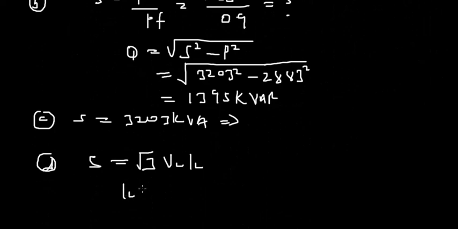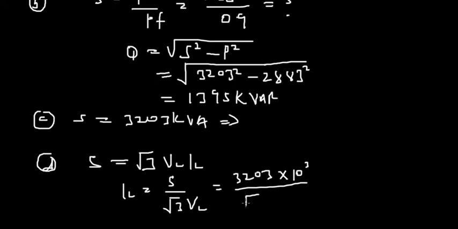So we have IL equal to the apparent power divided by root of 3 multiplying VL. And we know the apparent power to be 3203, because this is in kVA, so we have 10 exponent 3, and then we divide that by root of 3 and then our VL.